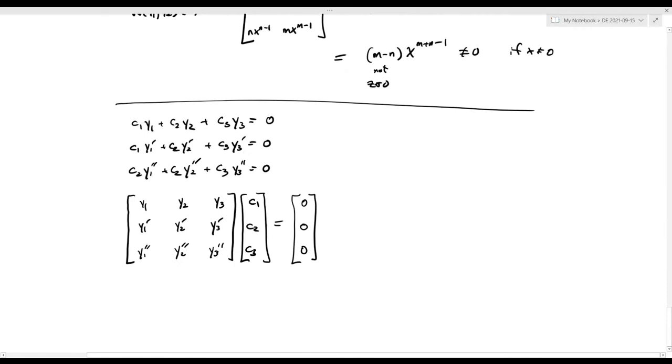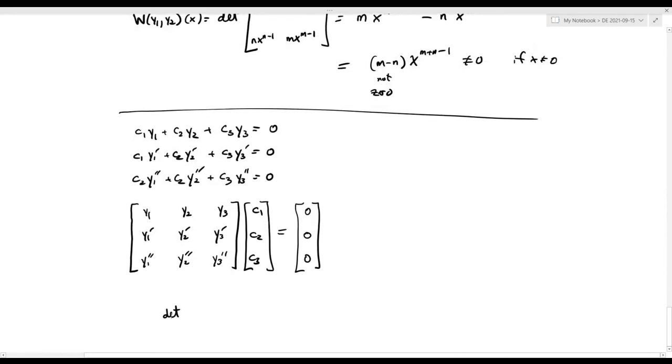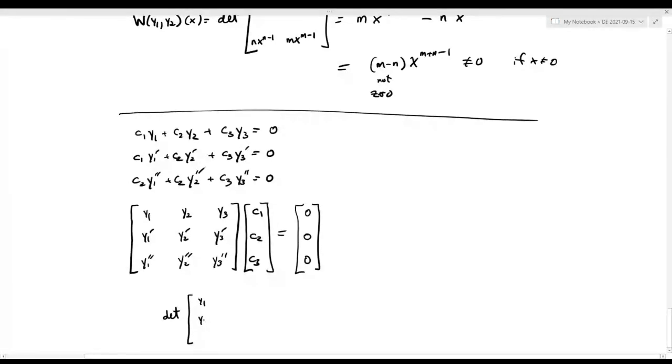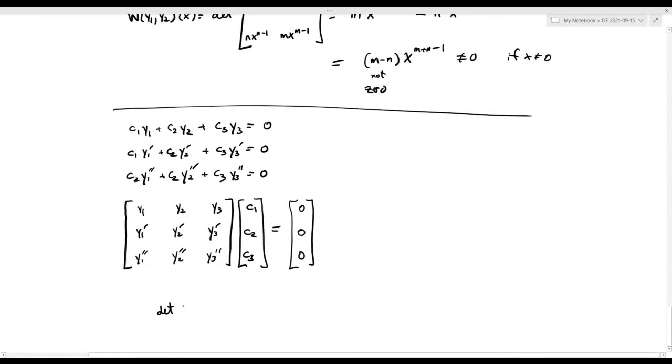And we know that we have a unique solution as long as this matrix is invertible, and this matrix is invertible as long as the determinant is not 0. So that determinant not being 0 guarantees linear independence of the functions, and that determinant for some reason gets a special name called the Wronskian. I'm just going to copy this 1 second.